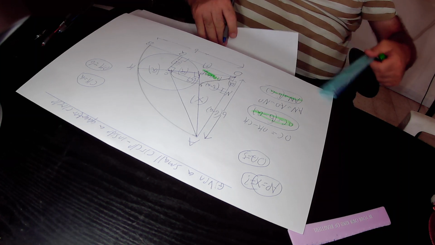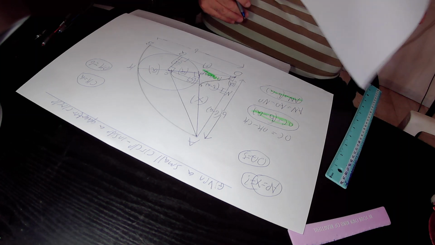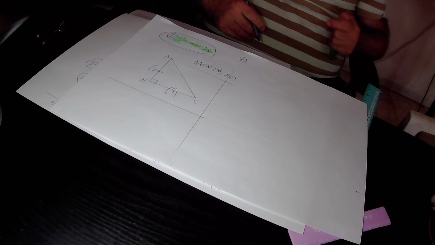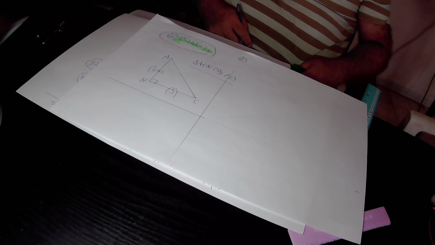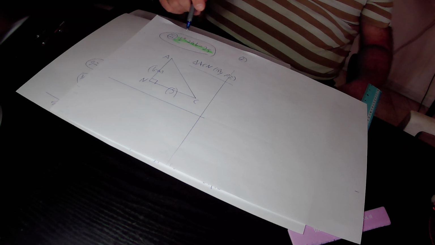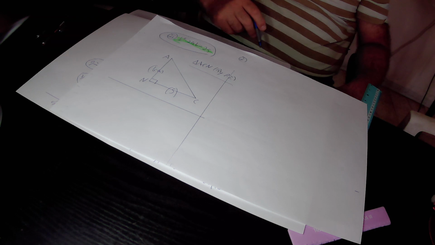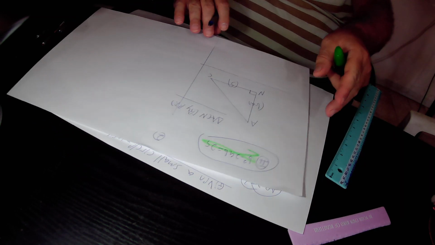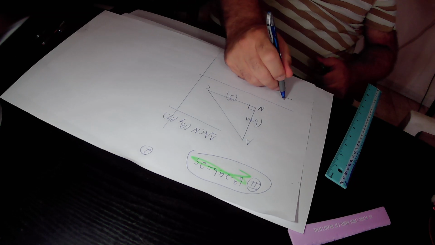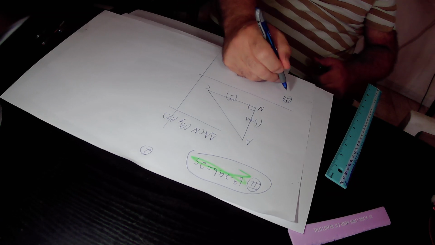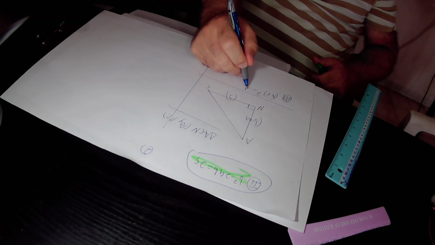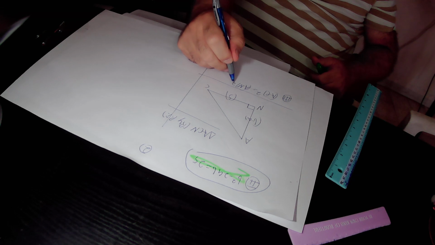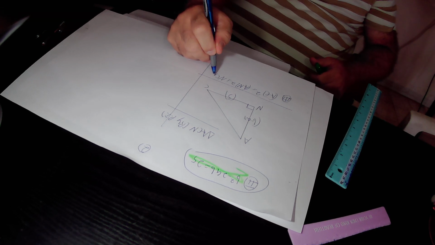So this is the right triangle ACN. According to the Pythagoras theorem, in this right triangle ACN, AC squared equals AN squared plus NC squared. So I write it down. AC squared, that is the square of the hypotenuse, equals AN squared plus NC squared.